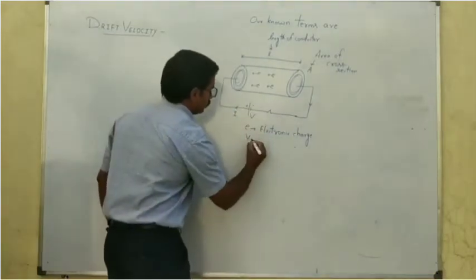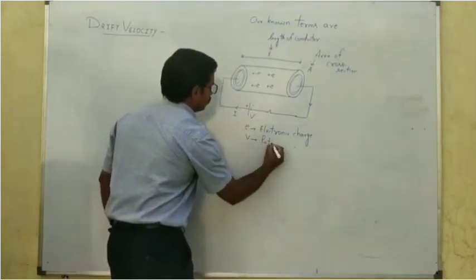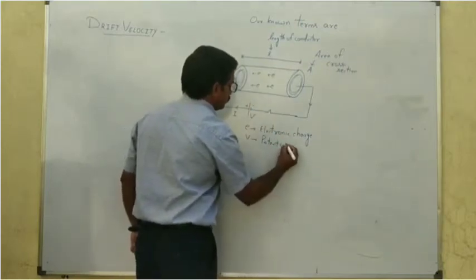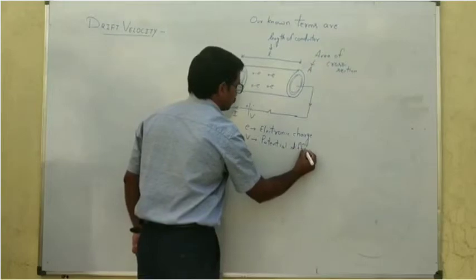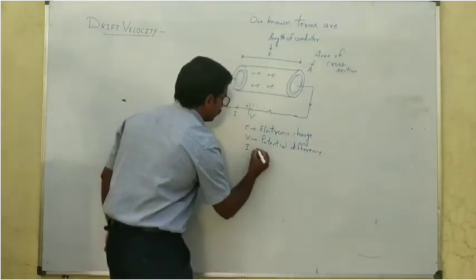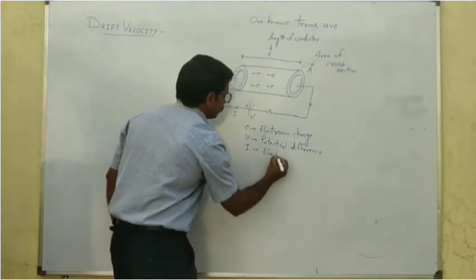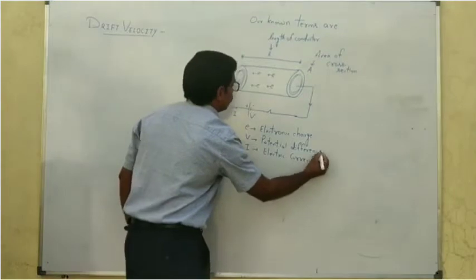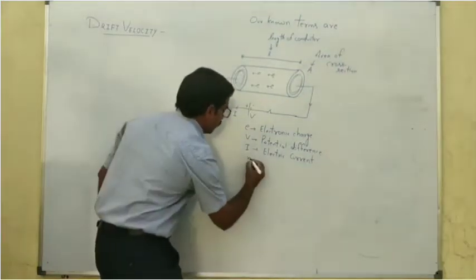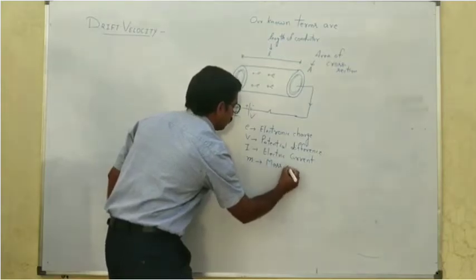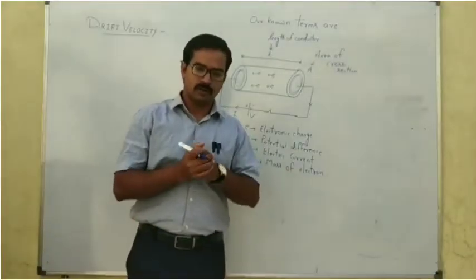V is the potential difference which we have provided to this conductor. I is the electric current. m, small m, we will be using for the mass of electron. Okay, now we are going to find out the drift velocity.